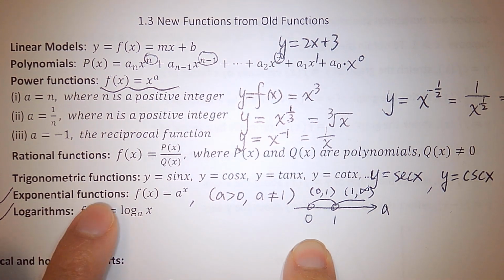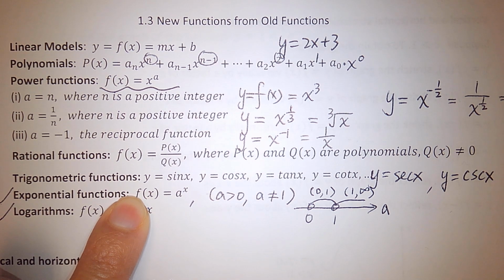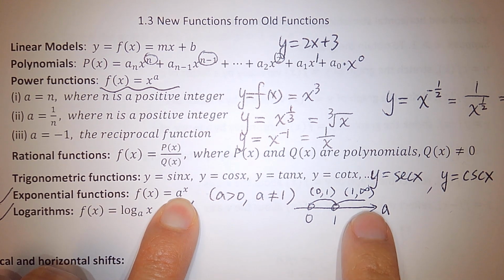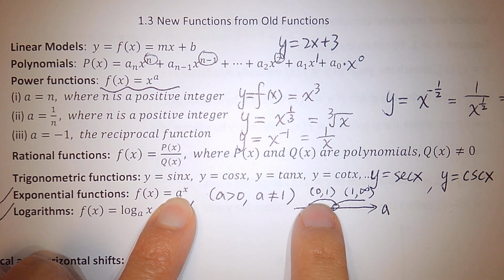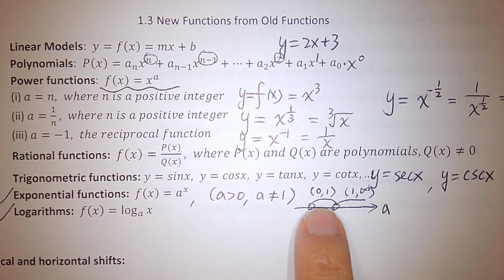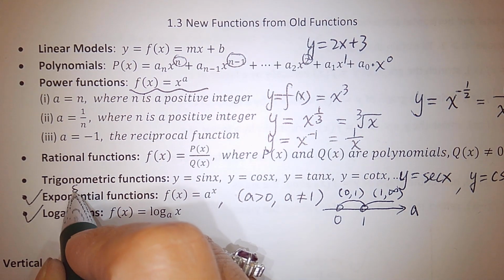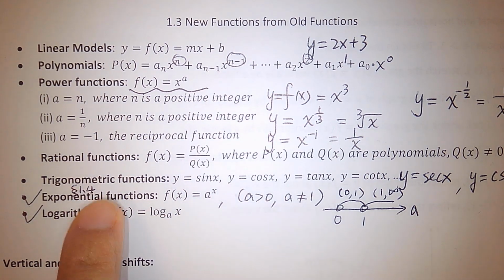That's why for the exponential function there are 2 cases. One case is when the base a is greater than 1. The second case is when the base a is between 0 and 1. We'll talk about this in section 1.4, today's material.